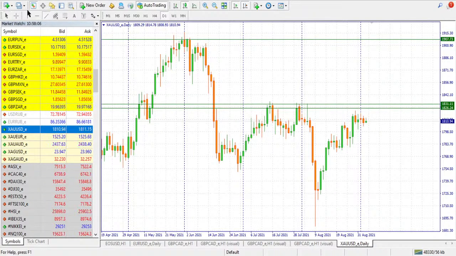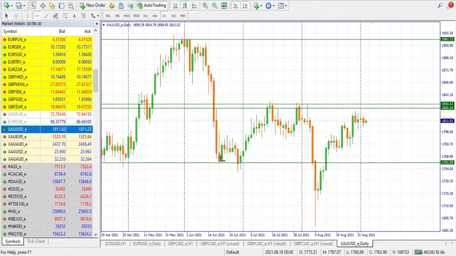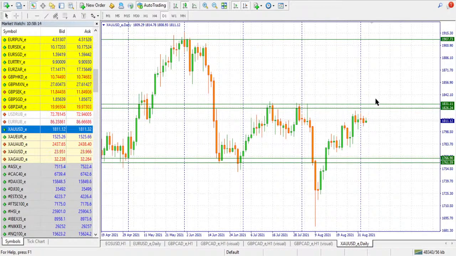We also have another level here, which means if the price goes above, we want to see a retracement before it can continue up. If the price bounces off from around this point, then this will be a place to sell from, at least up to this point here.